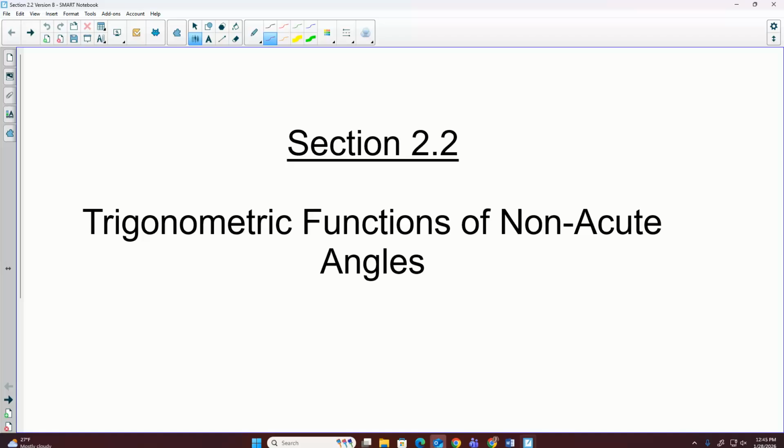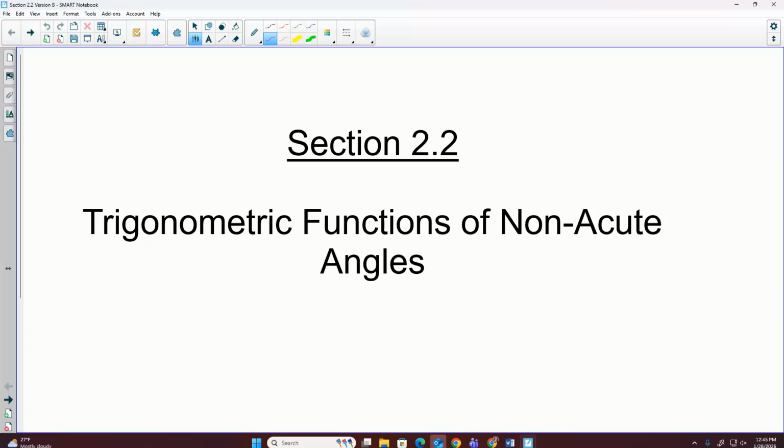So we have been focusing on our trig values for the acute angles, so things between 0 and 90 degrees. But we know every angle does not have to be between 0 and 90, so we want to be able to extend this to other angles.